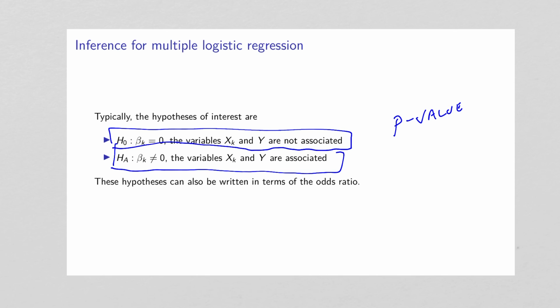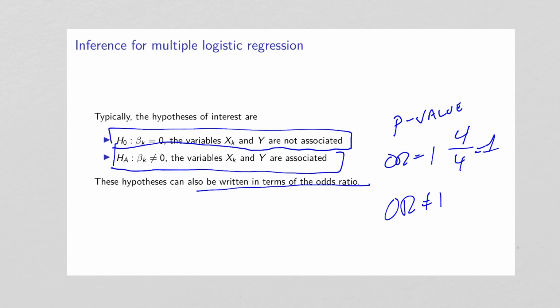So in terms of the odds ratio, by the way, if an odds ratio is equal to 1, then the odds of the two groups are the same, right? A number divided by itself is always equal to 1. An odds ratio that is not 1 means that the odds of the two groups are different. That would be your alternative. So your null would be that the odds ratio is 1. Your alternative is that the odds ratio is not equal to 1.